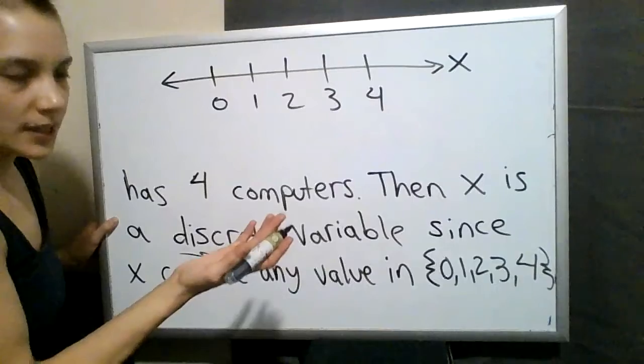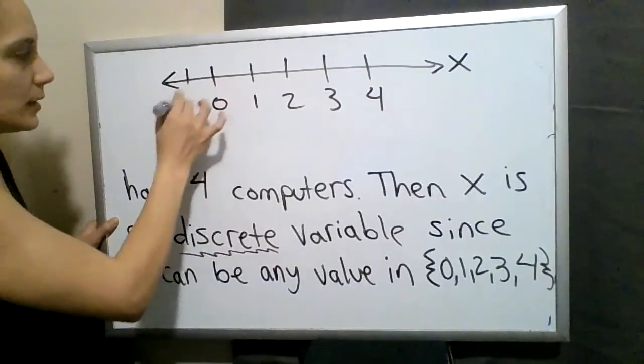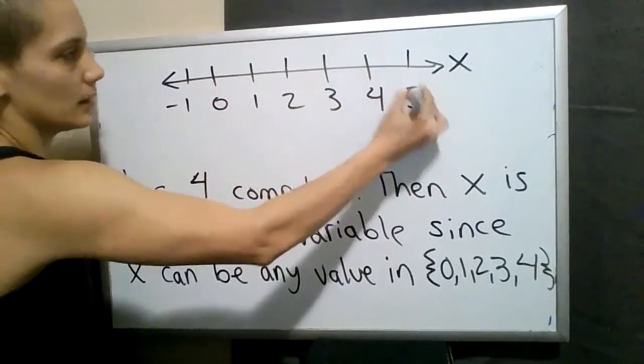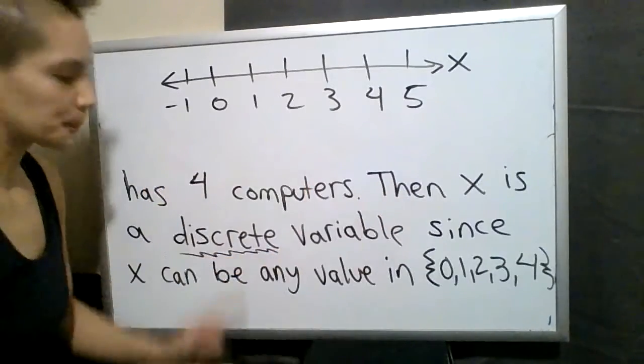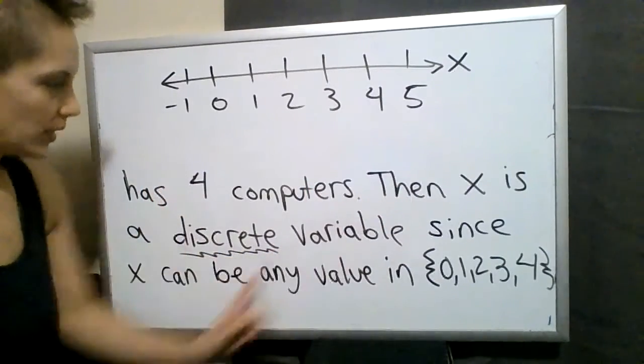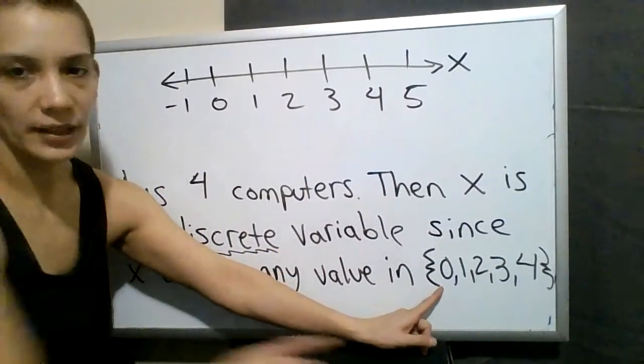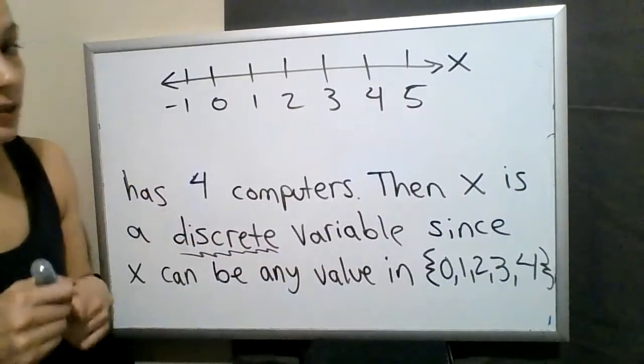I'm going to put extra just because I want to be clear with my notes, and show that there's more numbers going on this number line. But for our variable, we just want to mark these values with a solid dot.